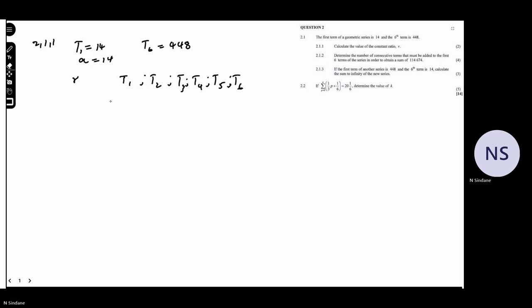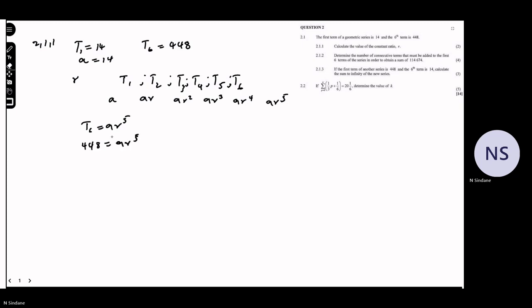By A, while T2 is AR, T3 is AR squared, T4 is AR cubed, T5 is AR to the power 4, T6 is AR to the power 5. So in this case, I can easily say T6 is equal to AR to the power 5. Then I know what T6 is. They say T6 is equal to 448. So 448 is equal to AR to the power 5.